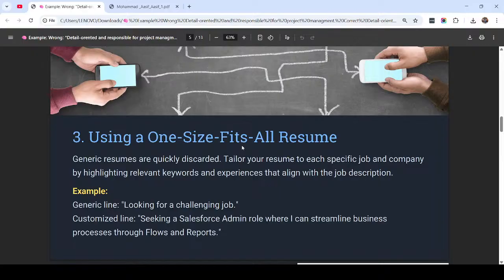Now this ATS tool is going to check your resume for where these words Salesforce admin or Salesforce developer are, and if they are not there, it is going to sort you out and your resume will not be selected. So it's good to first read the JD and include the JD's requirements in your resume also.